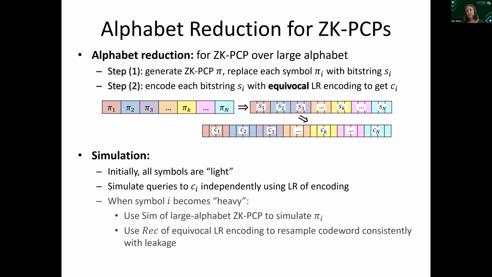Whenever some symbol becomes heavy, we ask to get that symbol of the proof from the underlying simulator of the underlying ZK-PCP system. Given this symbol, we can equivocate the encoding of that symbol in a way that's consistent with the leakage. And this is because the leakage-resilient encoding is equivocal.